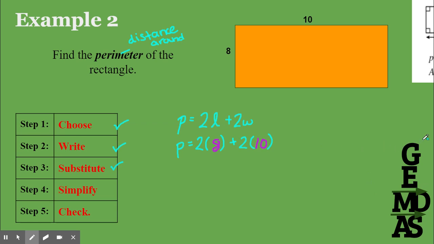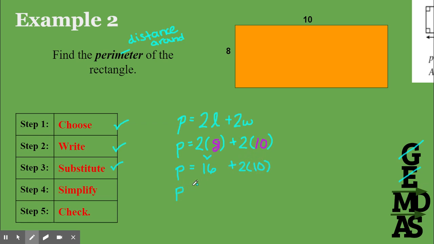We do not have any groups and we do not have any exponents. Now multiply and divide from left to right. So perimeter is 2 times 8, that's the first thing we see, 16, plus 2 times 10. We're going to keep looking. Do we have any more multiplication or division? Yes, we have multiplication right here.